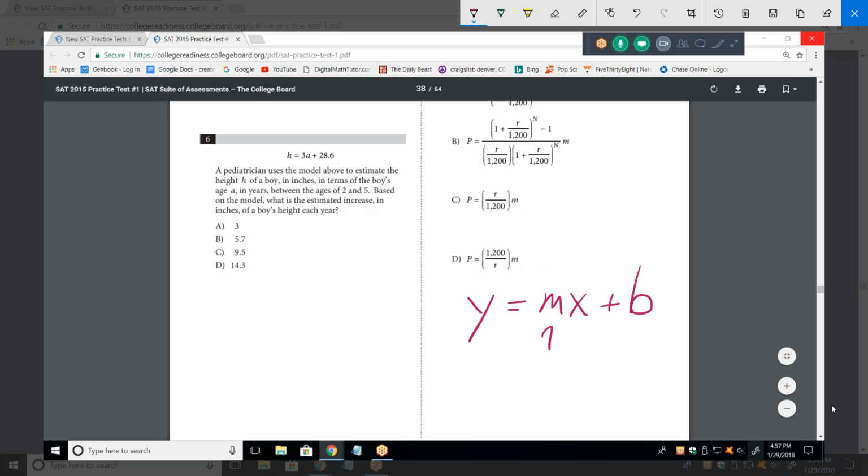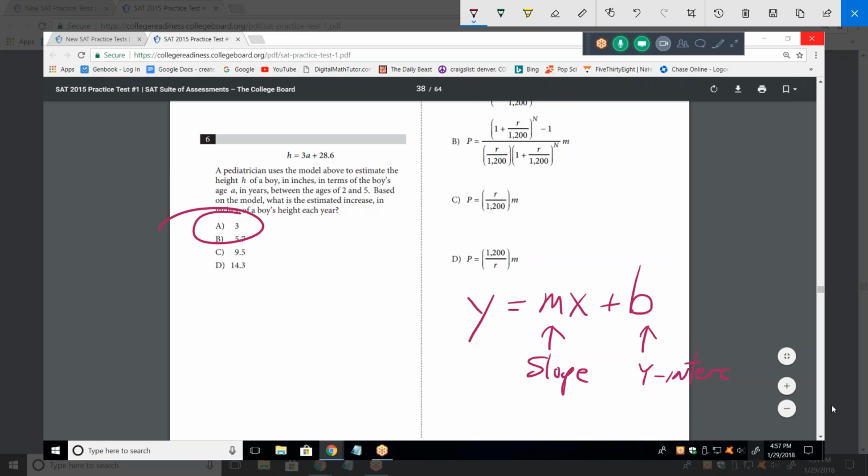That's slope, which means rate of change. That's the y-intercept. And you don't really care about that in this problem. What are they asking for? They're asking for the rate of change, right? Well, what's the rate of change? What's the slope of that equation? 3. Yep.